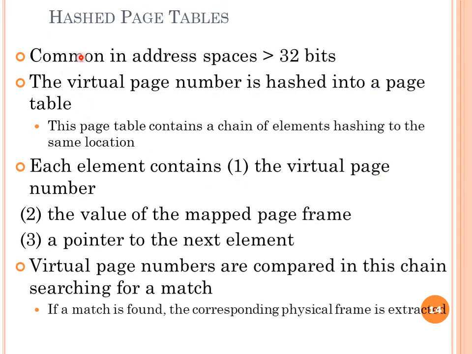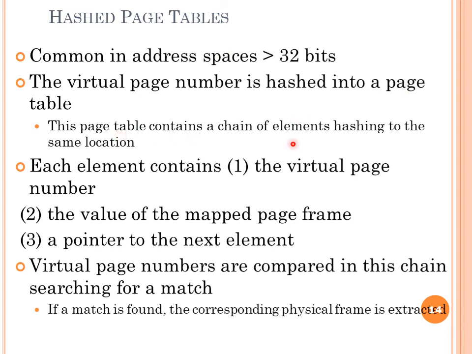Now we'll discuss the second category of page tables, which are known as hash page tables, which are commonly used for address spaces greater than 32 bits. In the previous slide, we have seen how the 3-level paging technique can be used for a 64-bit address space, which is not feasible. For such address spaces, we can use hashed page tables. Here the virtual page number is hashed into the page table.